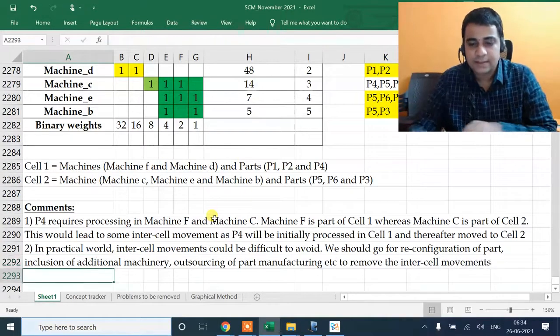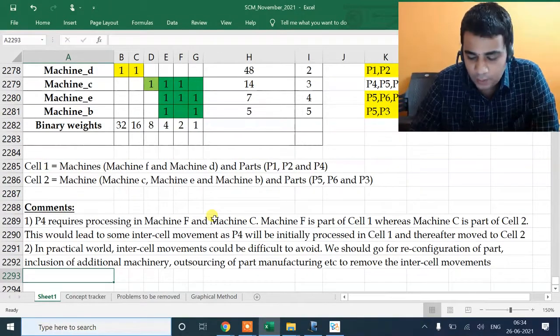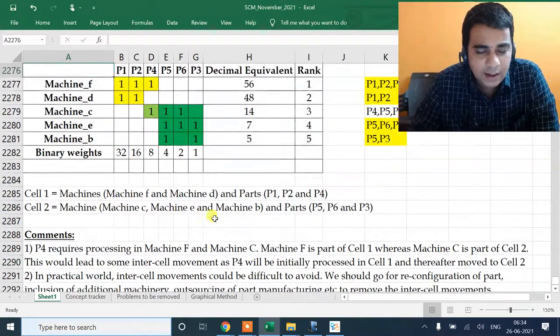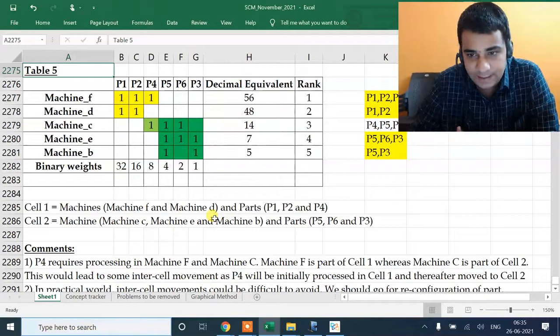To remove the intercell movements, what I can do is reconfigure the part and finally say that P4 will need processing only in machine F and machine D. It will not need processing in machine C, if it can happen.